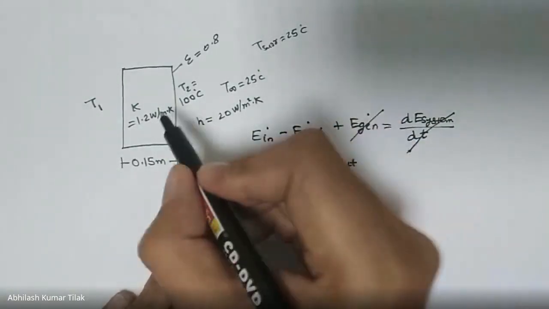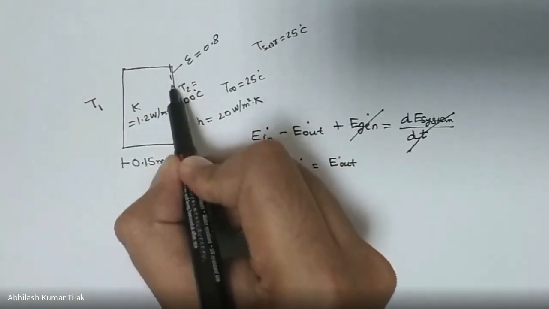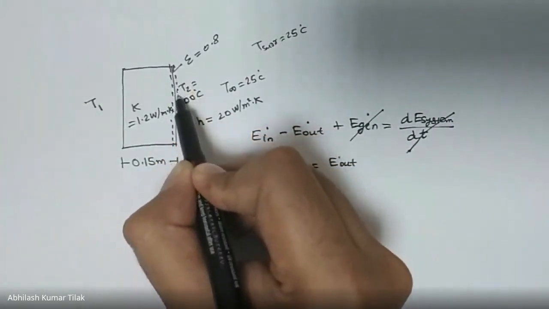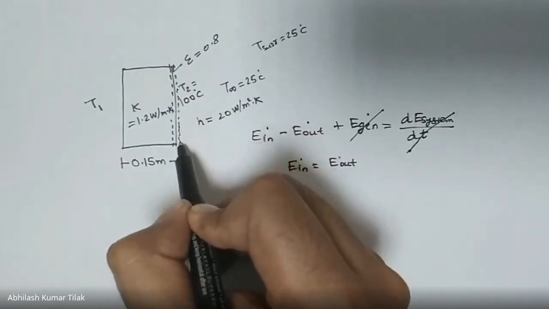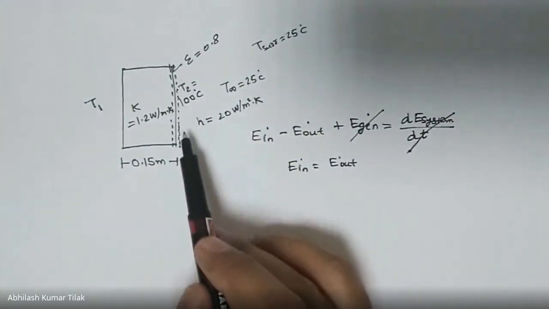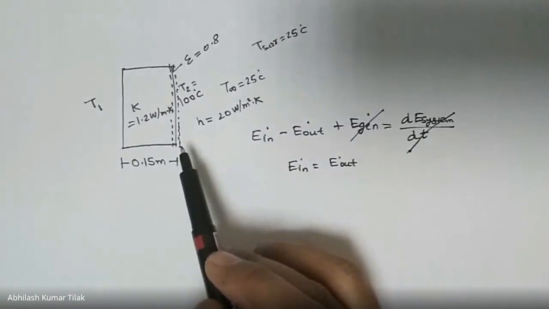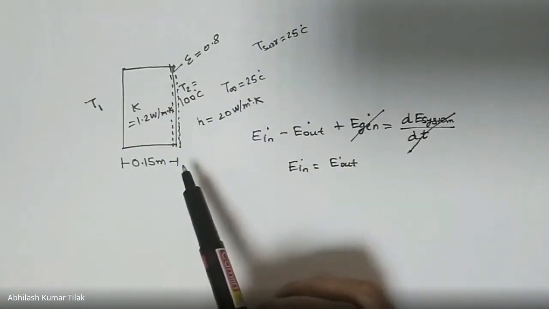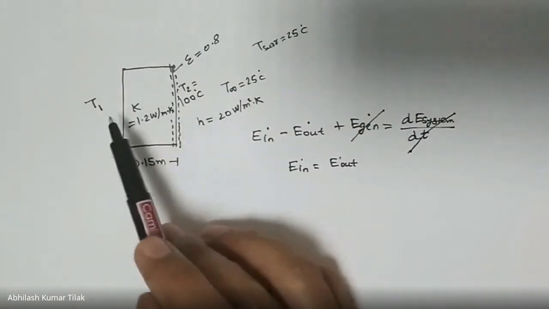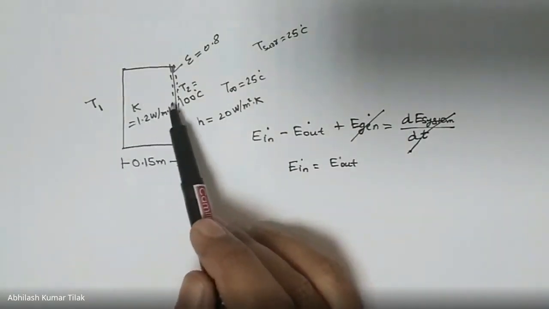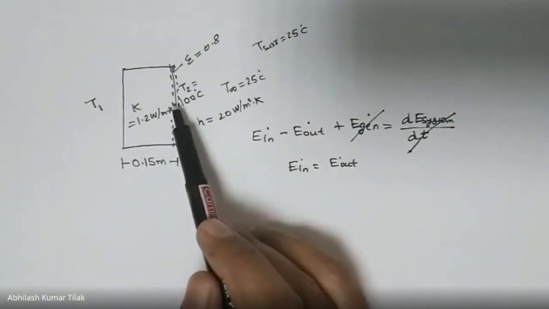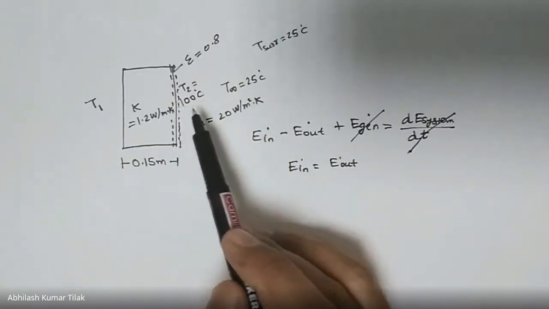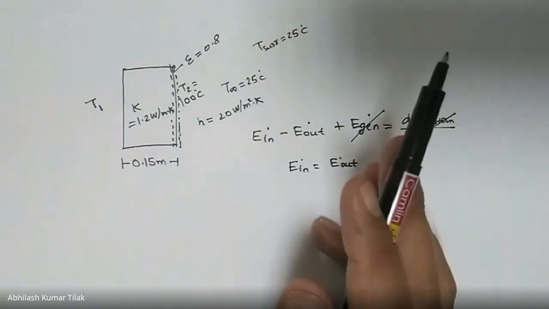Now, if you consider the surface energy balance in this medium, since this is a surface, it is not a volume, so it does not store any thermal energy. So whatever heat is conducted to this surface will be only either convected away or radiated away from the surface to the surroundings.